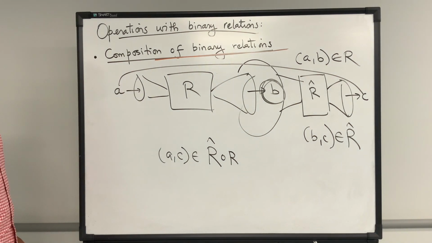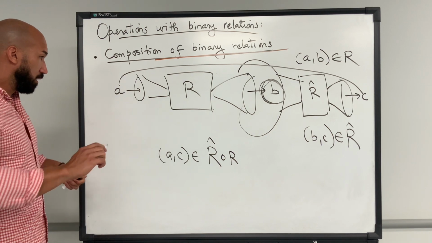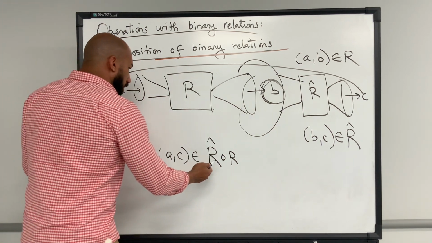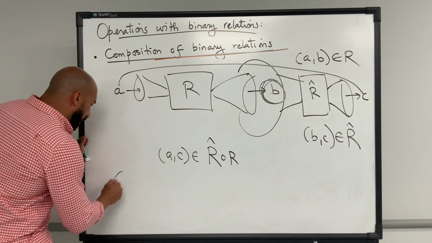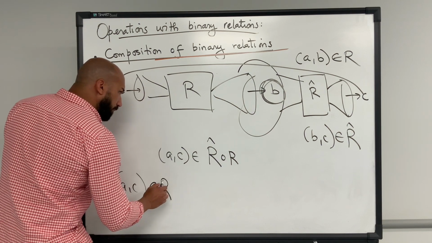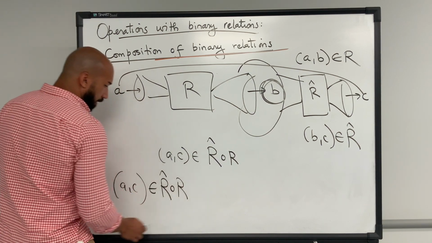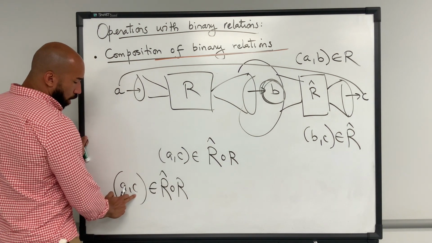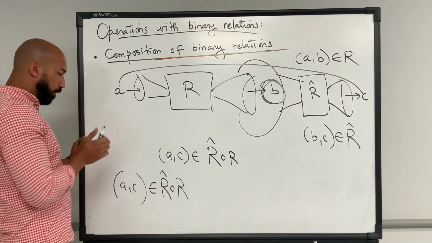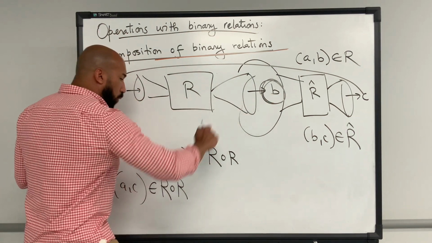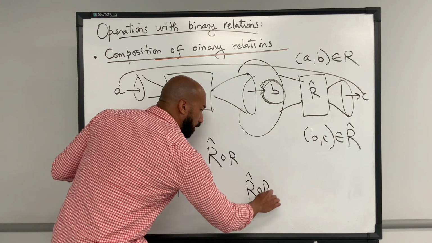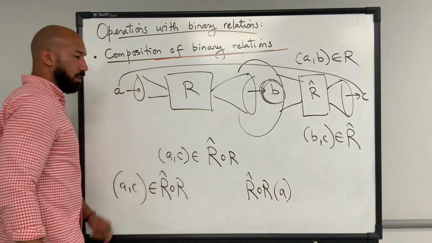All right. So in the case of a function, we have the notation. Remember that if A comma C is a pair of this composition, and this binary relation is a function, we can describe this process as evaluating this function.